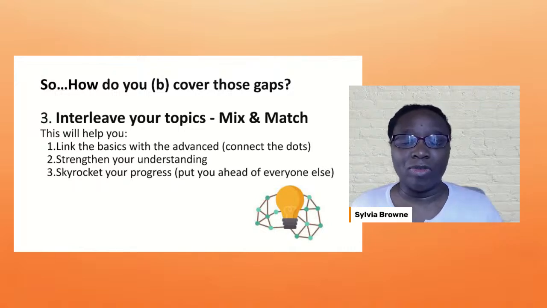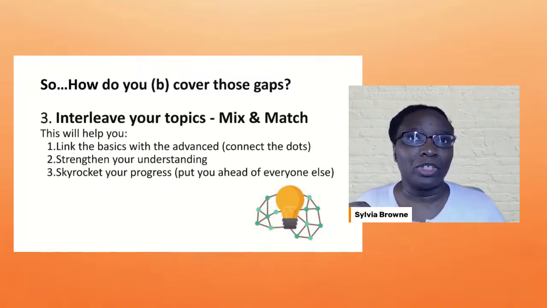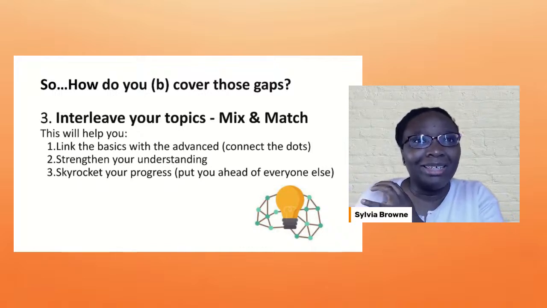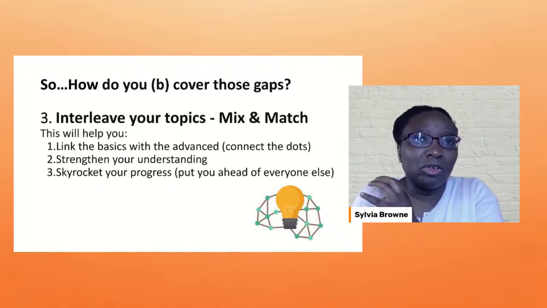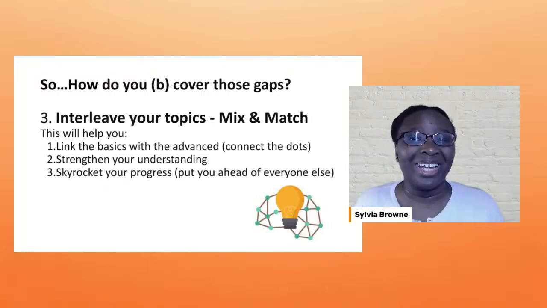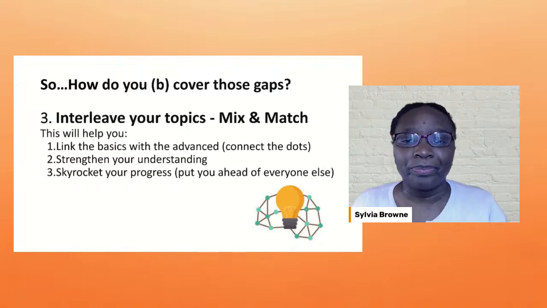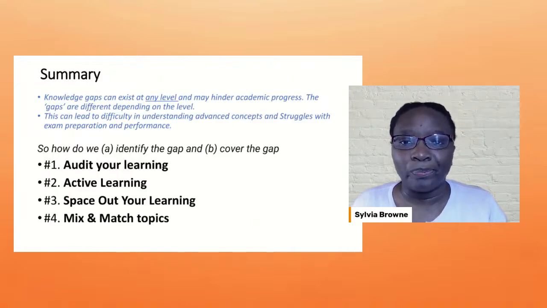When you mix and match, it's going to strengthen your understanding, and it's really going to skyrocket your progress. Like I said, it's going to put you ahead of everyone else, because the students who can access the higher level topics, who can really connect the dots and not learn things in isolation, right? Not just learn diffusion, but not be able to understand how it applies elsewhere. They are the ones who are going to achieve the highest grades.